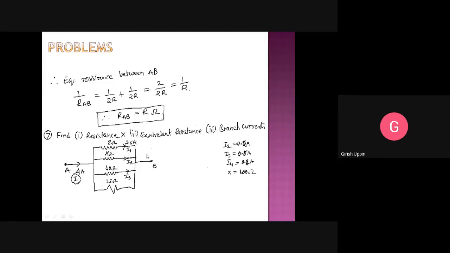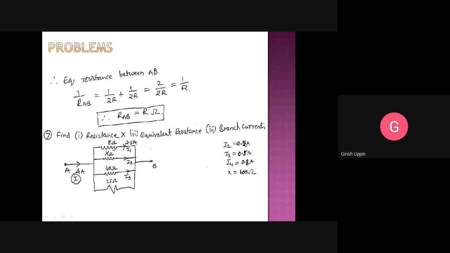Okay, so all different ideas. Here what she is saying is that for this branch the current is known and the resistance is known, that is V is equal to I1 into R1. Directly I will find the voltage, isn't it? I1 is given 2.5 and R1 is 8 ohm.